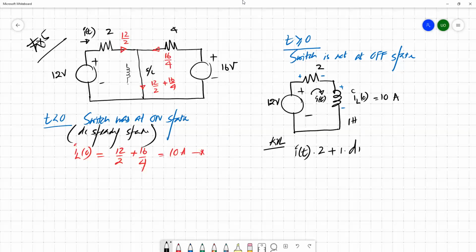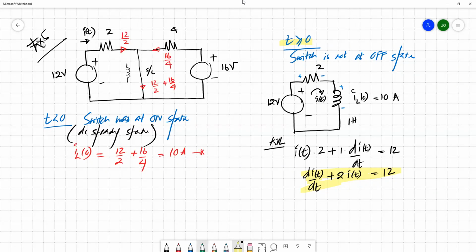These two voltages equal 12 volt. So we can say that di(t)/dt plus 2 times i(t) equals 12. This is the differential equation which describes this simple circuit for t greater than or equal to 0.